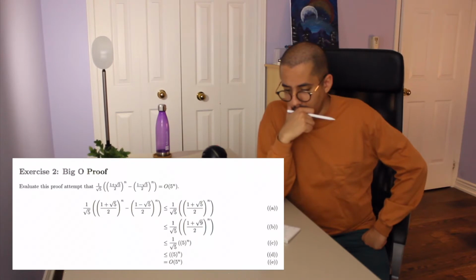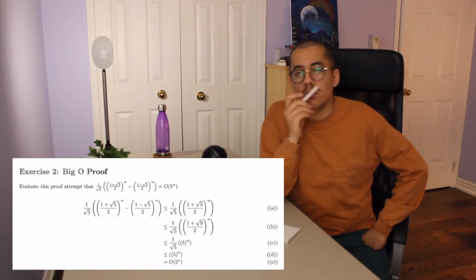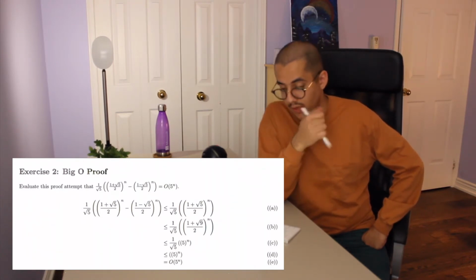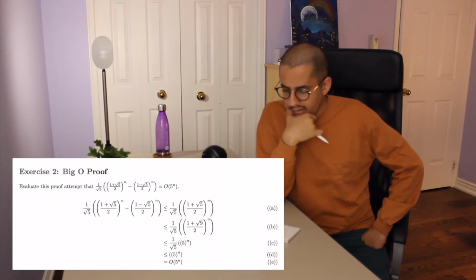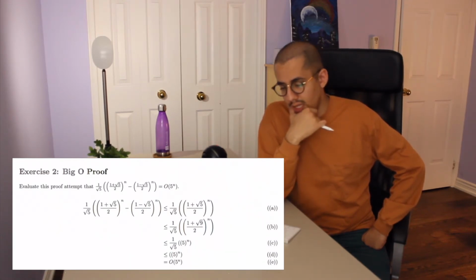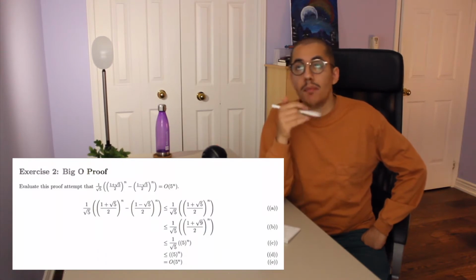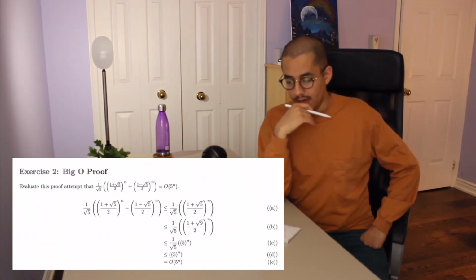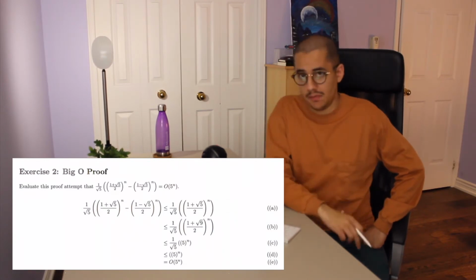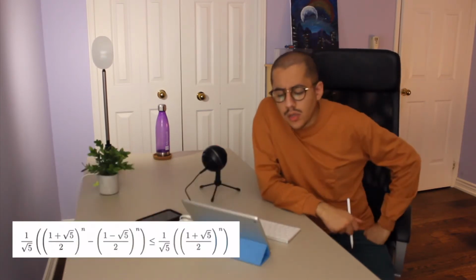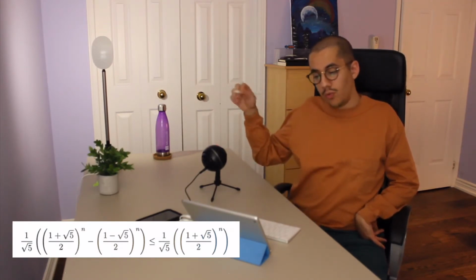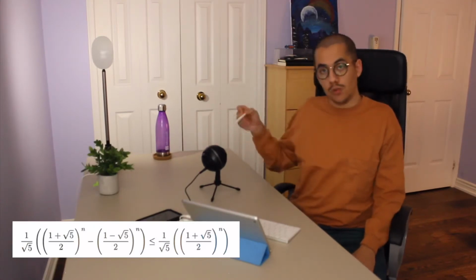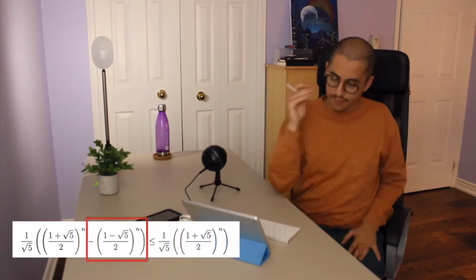But that's the problem. You skip over the little things, you know what I mean? There is one thing here that was not by accident, but we overlooked it and we just removed it. If you look at A, the first line, let's put a square or circle around the whole bracket, 1 minus square root of 5 divided by 2 to the power of n.